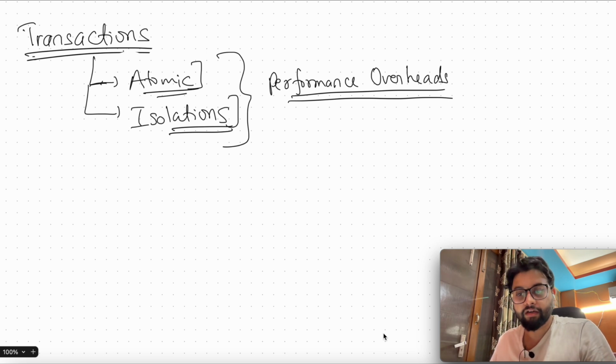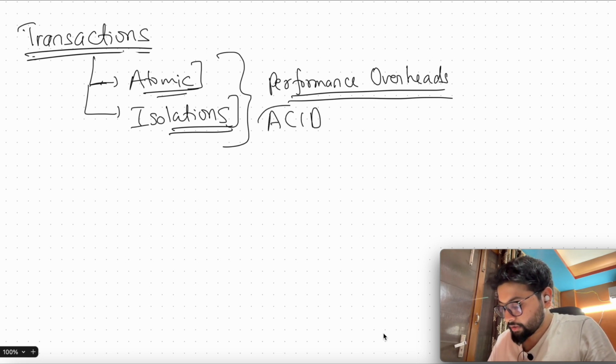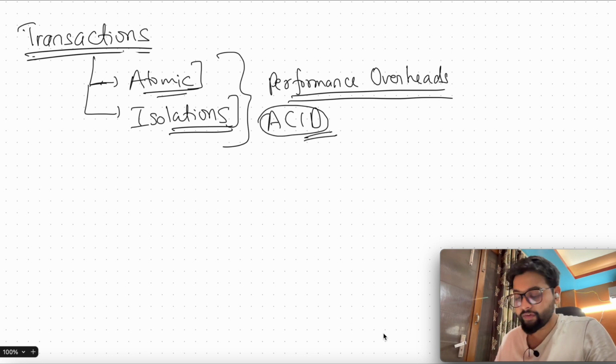This is the time factor which we have to sacrifice in order to maintain the atomicity and the isolation nature, right? A transaction makes sure that the ACID property is maintained, and that is the whole reason the performance overhead happens.